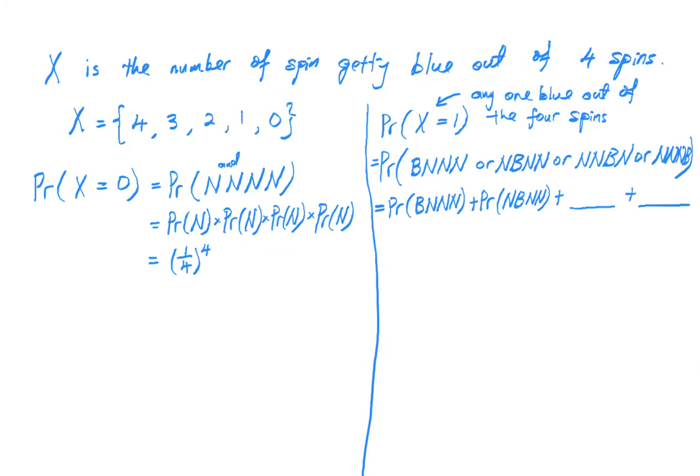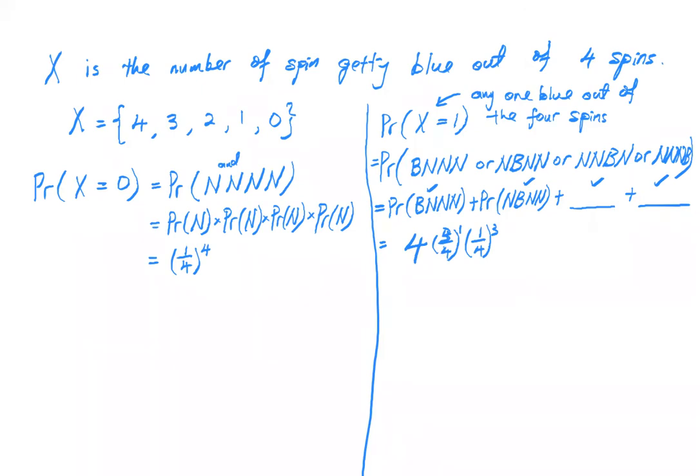So the probability for every one of them, are they the same? So I can say the probability of getting a blue is 3 out of 4. There is only one of them, multiplied by 3 with not blue, there is 1 over 4 to the power of 3. And there are how many outcomes here? 4 outcomes. Every one of them, their probability is the same.